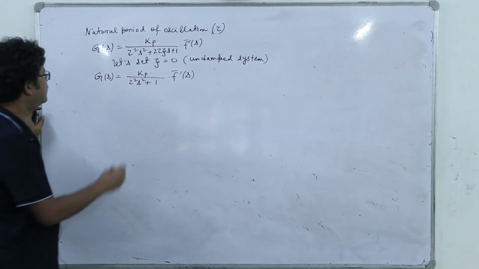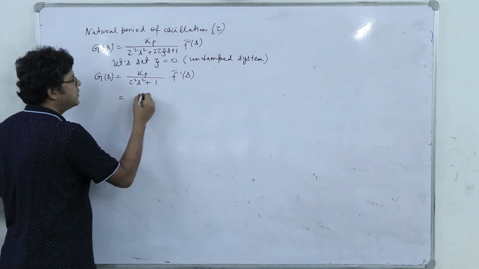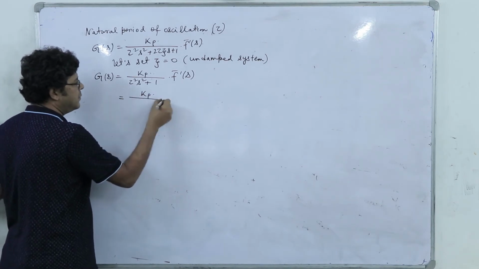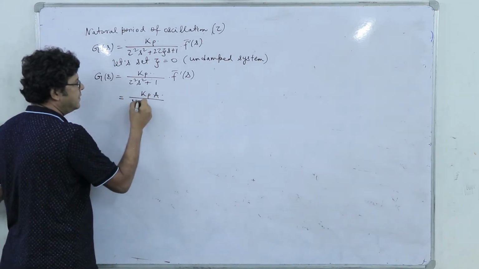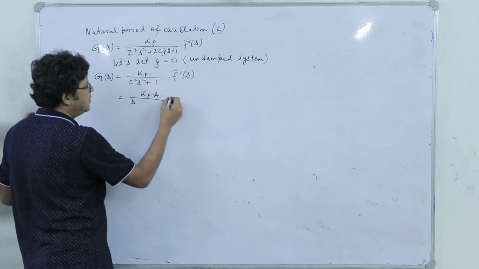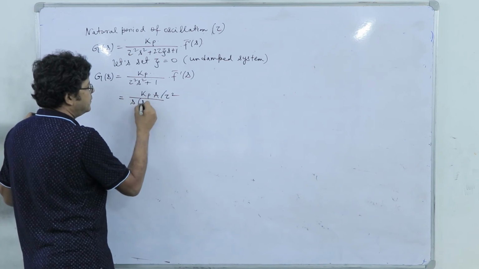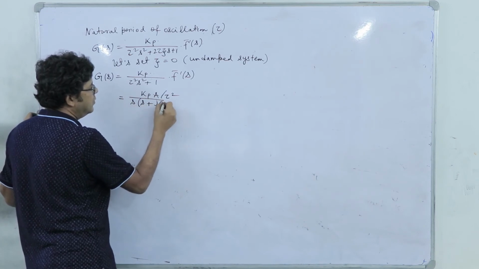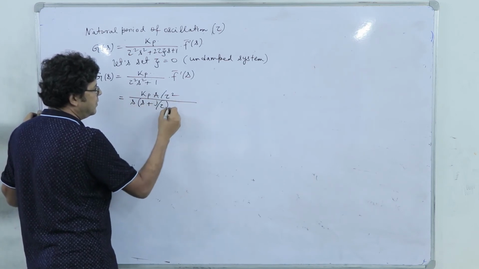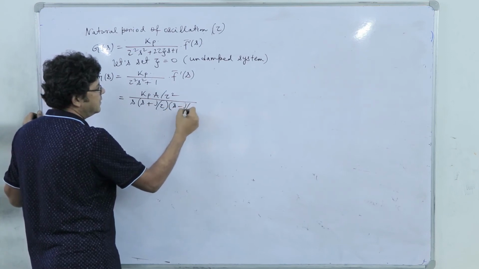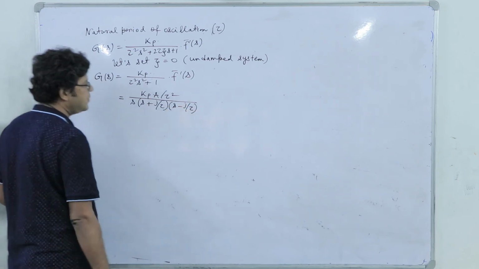Now, what you can do is consider a step input of Kp A by s, and we can take out this tau square. So, s plus j by tau, where j is under root of minus 1, and s minus j by tau.